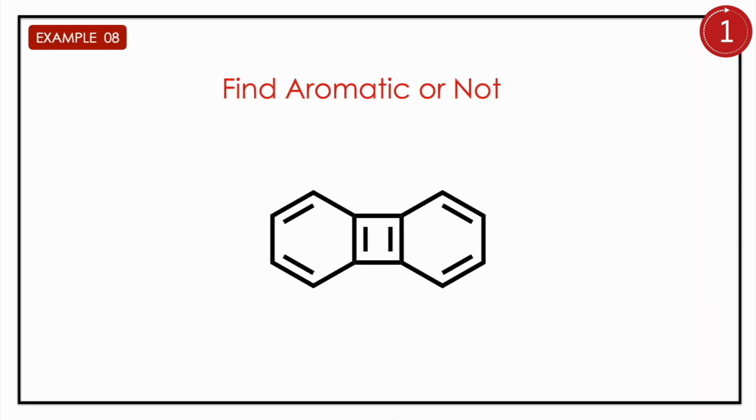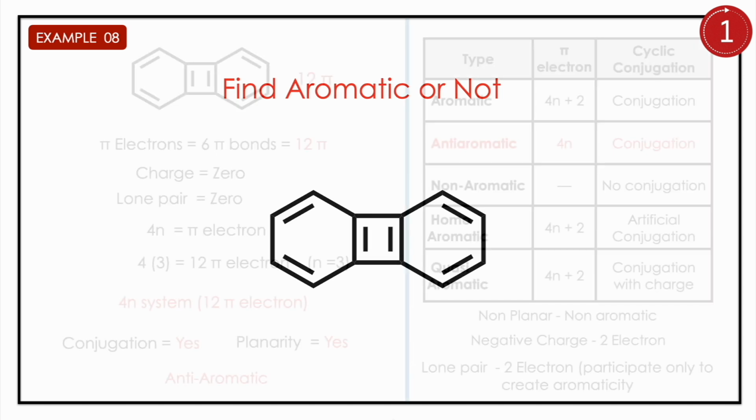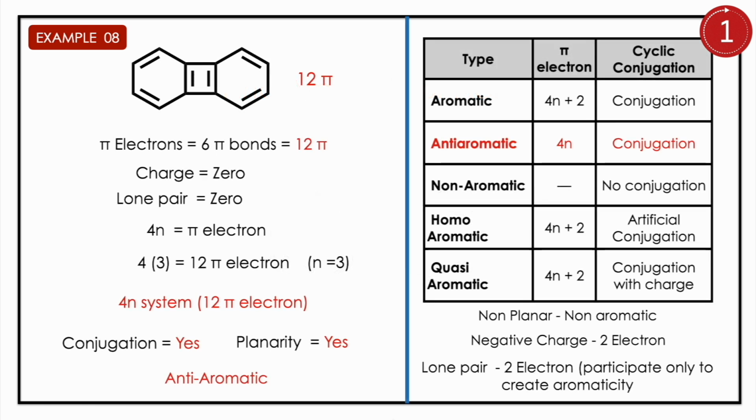Then the next example, here you have a fused system, 6-member, 4-member, 6-member system with conjugated double bonds. You should find whether the compound is aromatic or not. As usual, we start from pi electron counting. Here you have 6 pi bonds mean 12 pi electrons. Charge is not there.